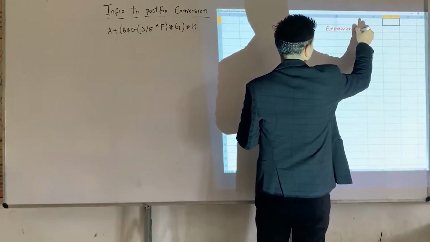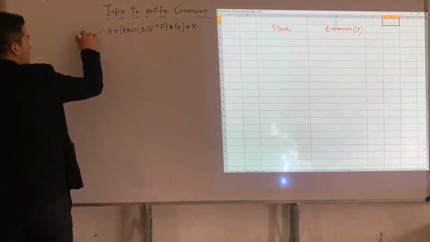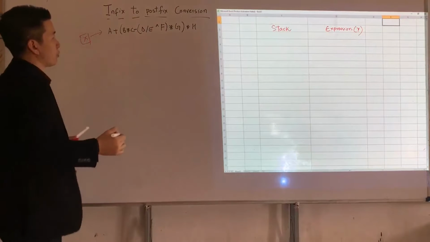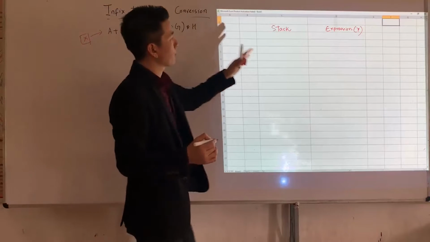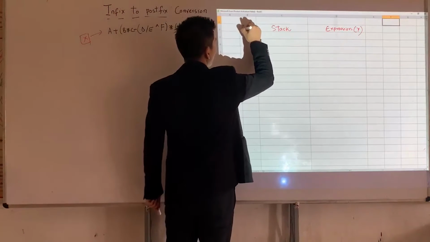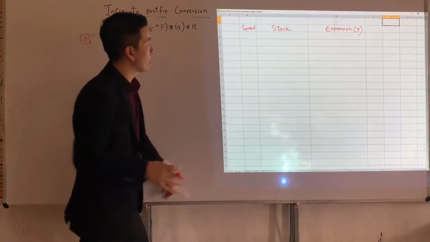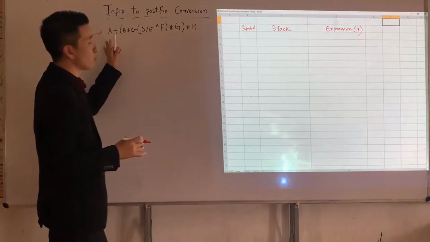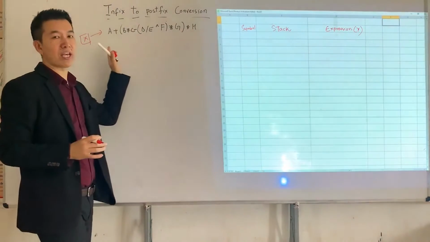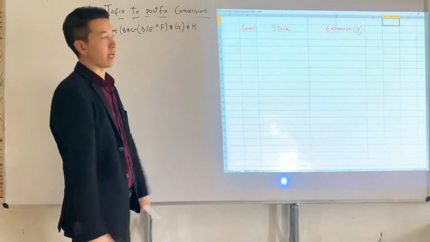This expression will be denoted by y, and let's say the original expression is x. Alright, so basically we are converting x to y, and then here why don't you write the symbol. This particular column will scan the individual symbols or individual elements one by one from the left hand side.